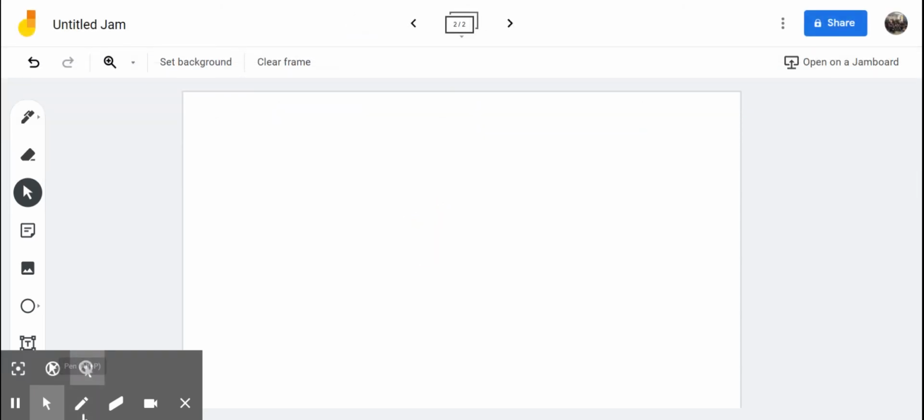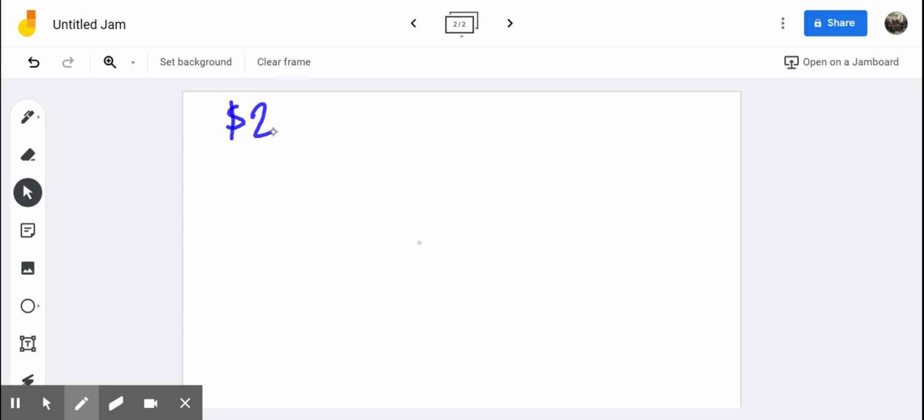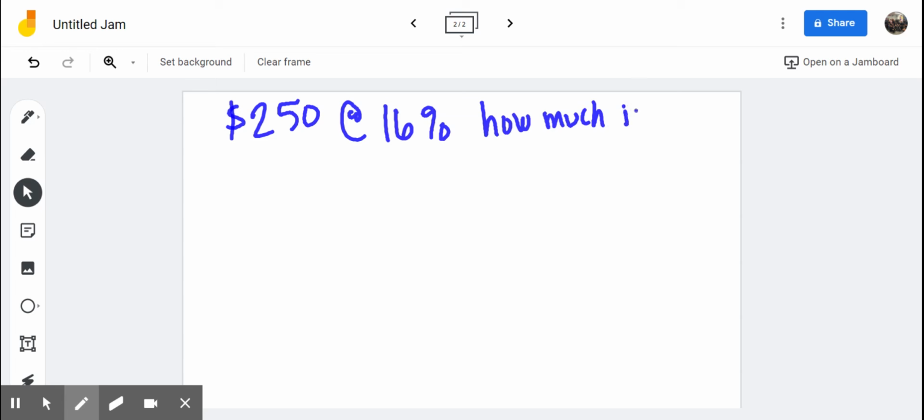So we have $250 at 16%, and we want to see how much we'll have in 18 years.